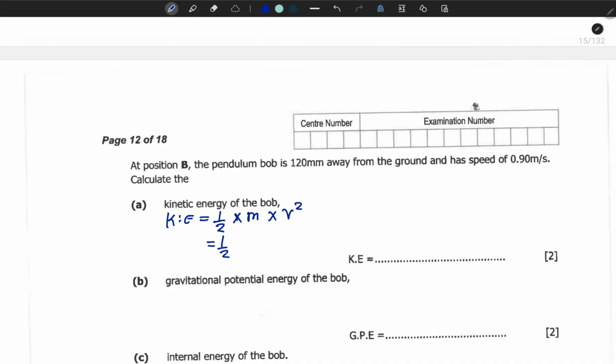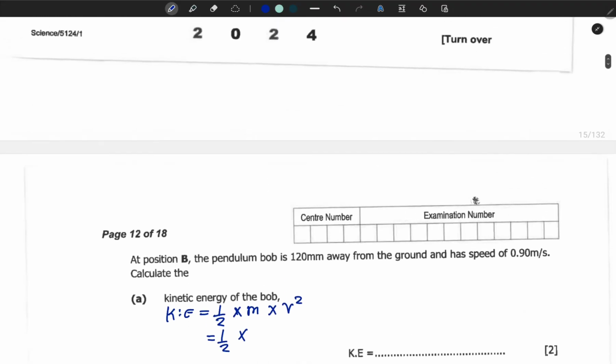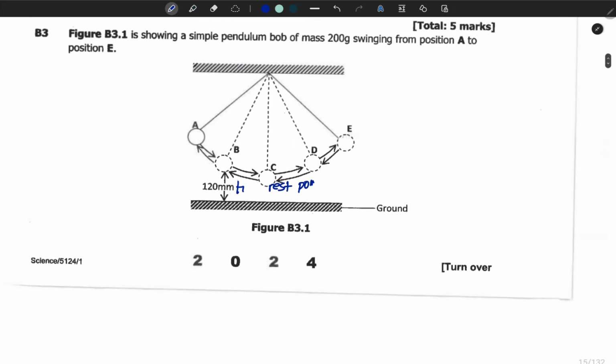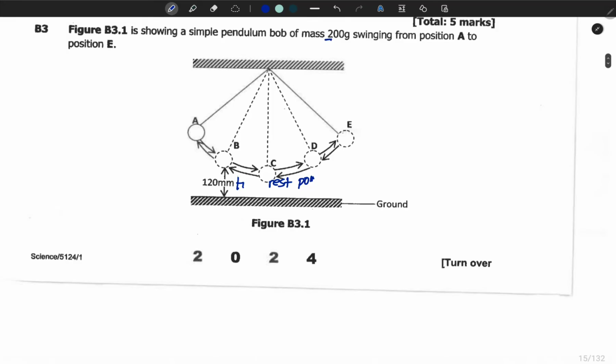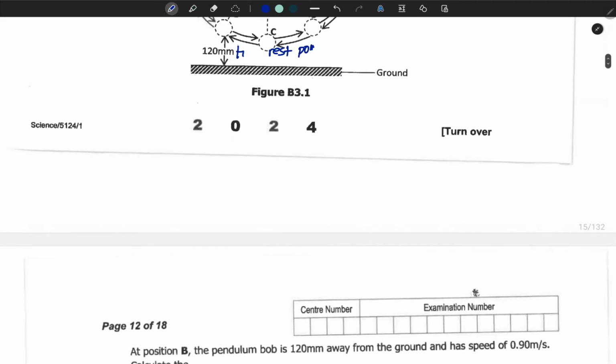So we have half times, what is the mass? The mass is 200 grams. We need to change from grams into kg, just divide by 1000. So this will give us 0.2.